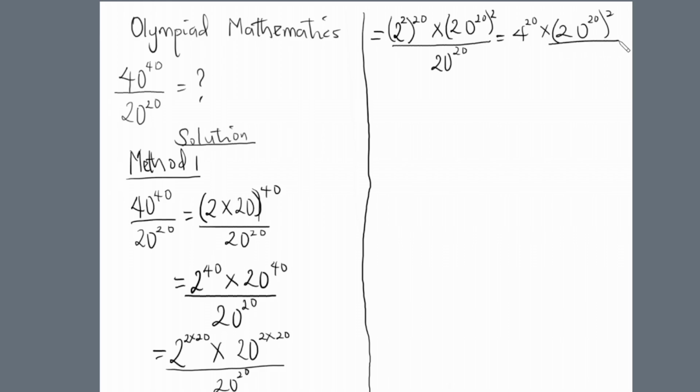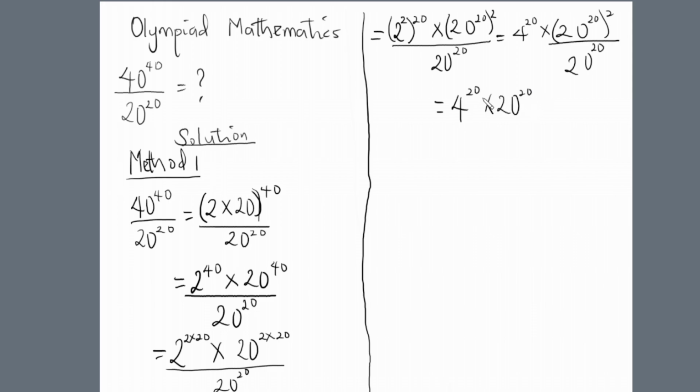I'm going to divide this part by 20 to the power of 20. When I'm dividing 20 to the power of 20 all squared by just 20 to the power of 20, it means that I'm removing this square and we'll just be left with 20 to the power of 20. Instead of having 2, we are having just 1 left. So what we have is 4 to the power of 20 times 20 to the power of 20.